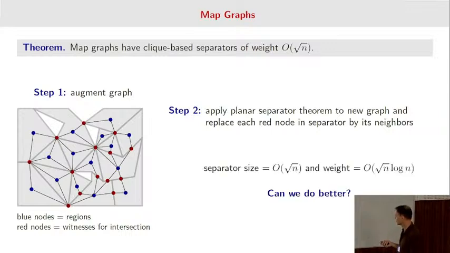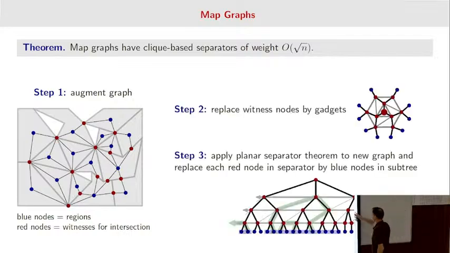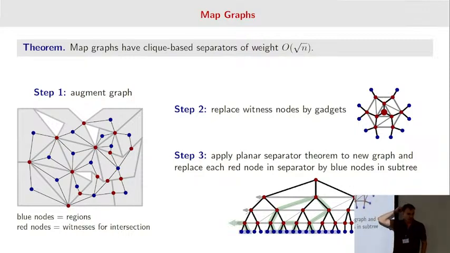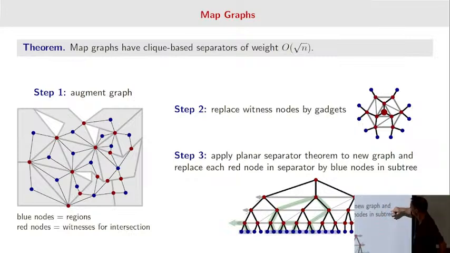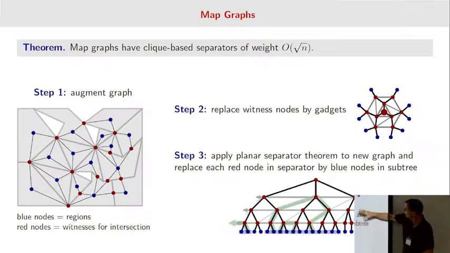So there's a nice trick, and that's, I'm going to replace these red nodes by little gadgets like this. So take one such red node, okay, that's maybe this one. These were all the blue nodes adjacent to it. And I put like a tree structure.